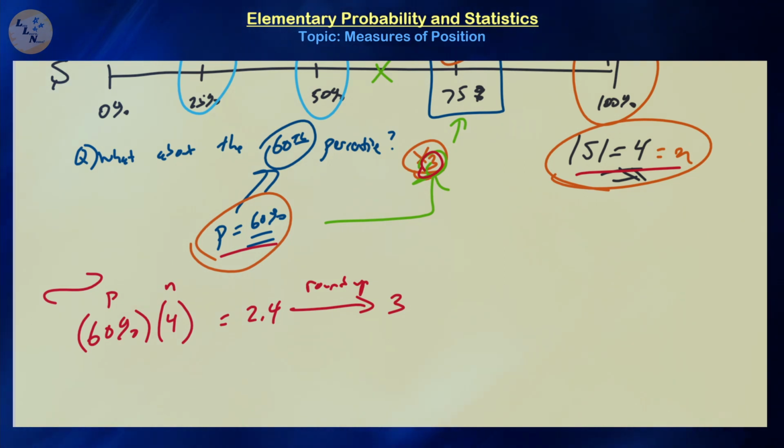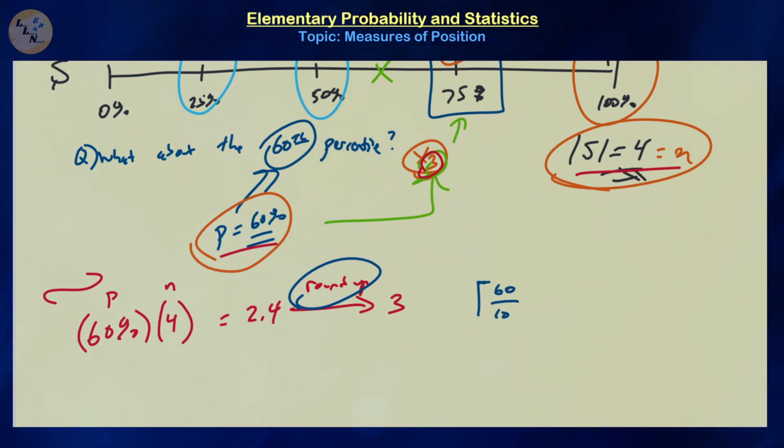But if we round up, just a hard round up, regardless of what that number is, we actually will always get this particular element from this definition. And we usually write this roundup via a ceiling notation. So we write 60 divided by 100, so that's our p value. And then 4, that's going to be our n value.